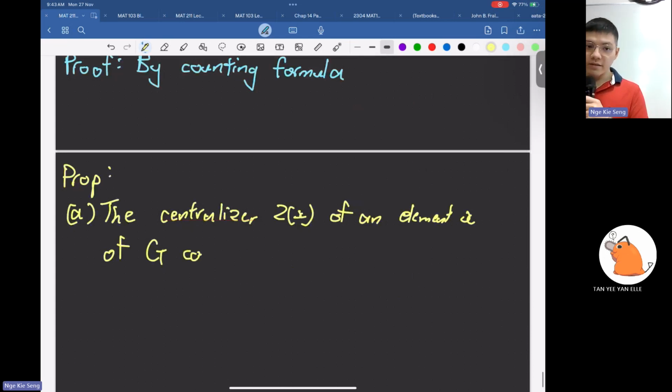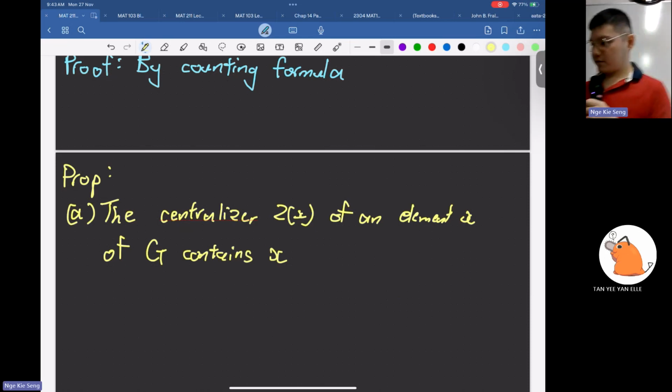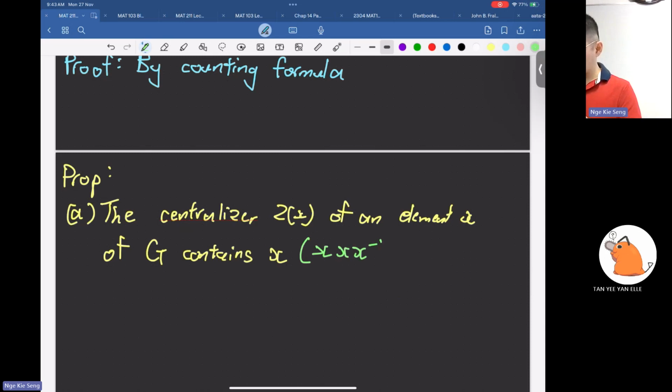It must contain x itself. Okay, why? x inverse is just x, so x fixes itself. So maybe I just quickly put some thinking here. x inverse is just x.